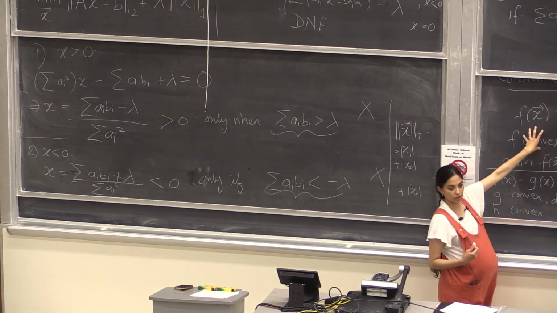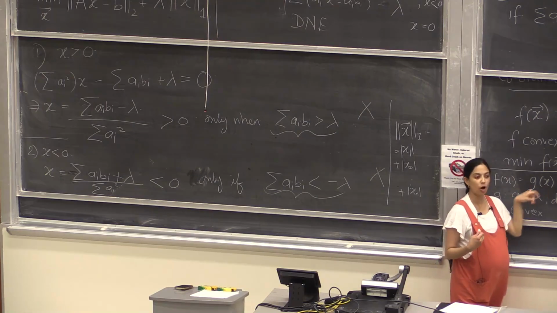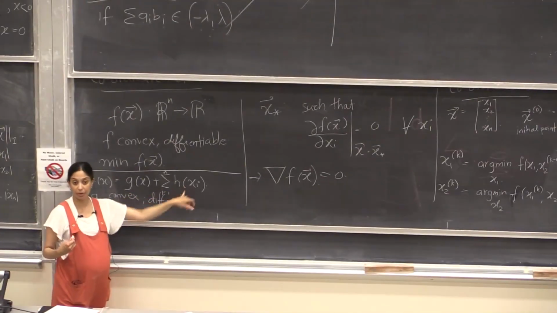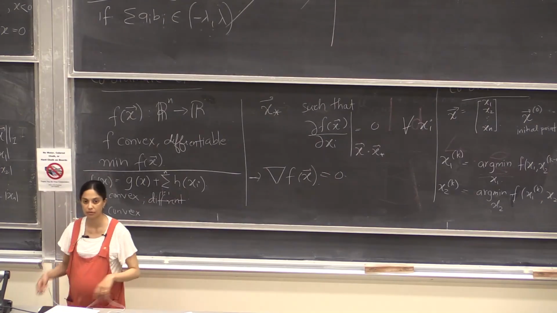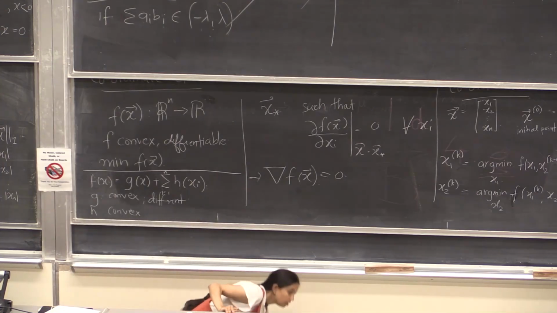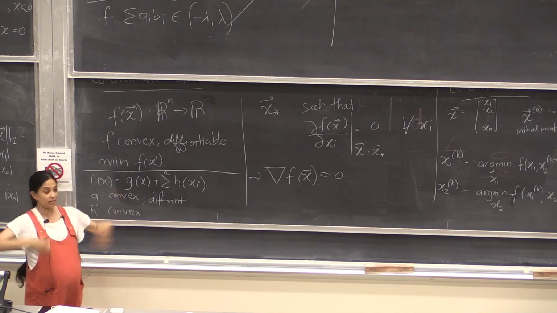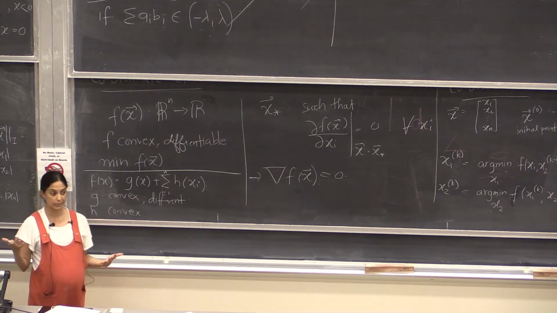So coordinate descent can apply, and you can prove convergence of coordinate descent, of course, if f is convex and differentiable, but also for f's that are of the following form, where you have a convex part that is also differentiable, and a separable part that need not be differentiable. Okay? We're not going to do any of these proofs here, but I want you to understand this condition. Does everyone see the basically iterative perspective of how we're going to do this?